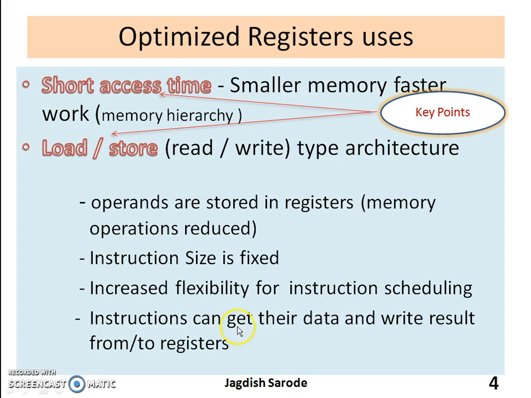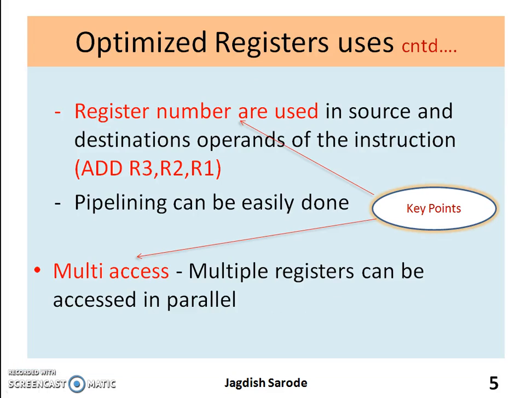Again, instructions can get their data from and write results to the registers. This is achieved because of this short access time. So every time an instruction gets its data from the registers and writes its result to the registers.